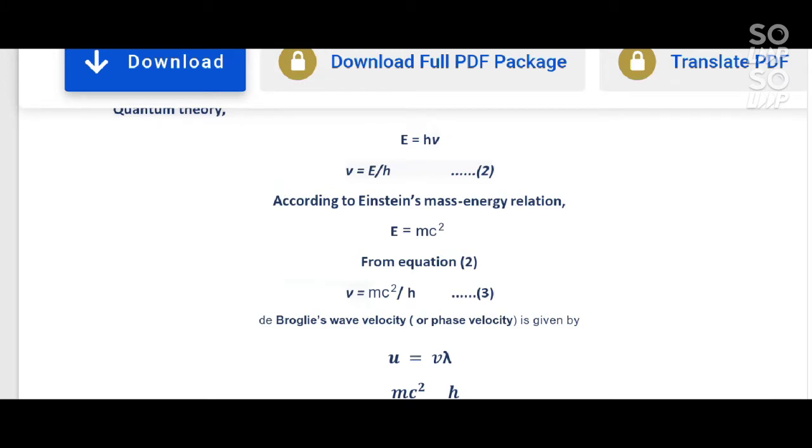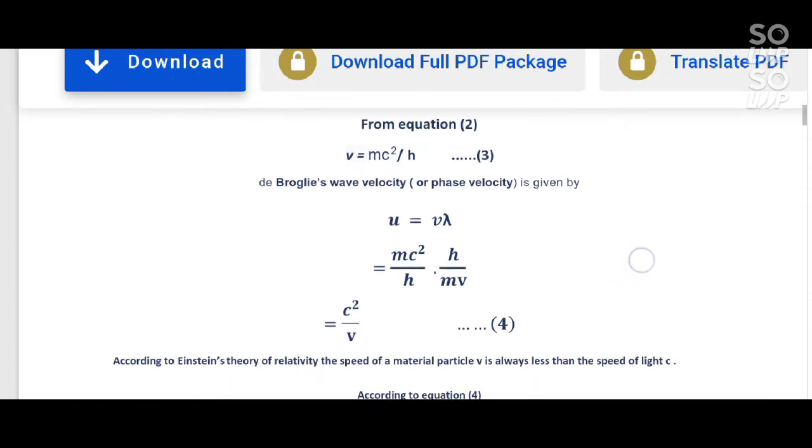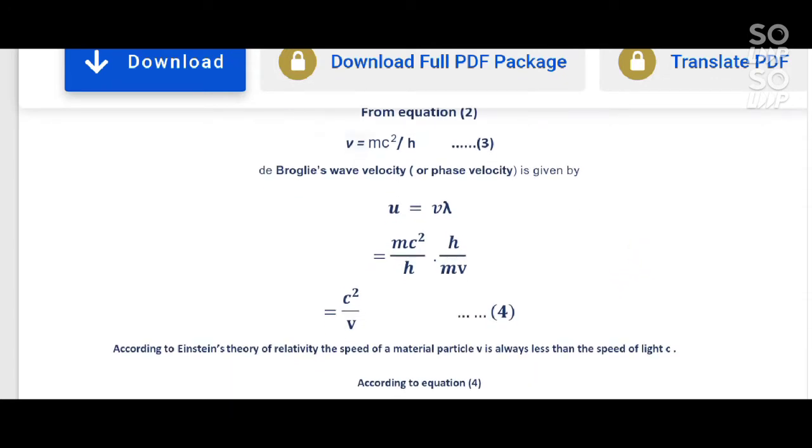De Broglie wave velocity or phase velocity is given by small u is equal to nu lambda. Nu is frequency and lambda is wavelength. So it will be equal to mc square by h into h by mv. So we will get u is equal to c square by v, and it is equation 4.